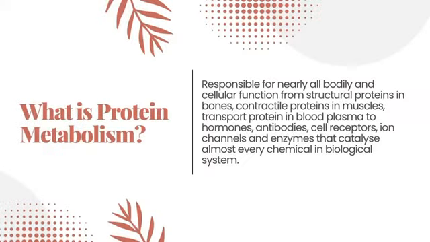Proteins are responsible for nearly all bodily and cellular functions, from structural proteins in bones, contractile proteins in muscle, transport proteins in blood plasma to hormones, antibodies, cell receptors, ion channels and enzymes that catalyze almost every chemical reaction in biological systems.